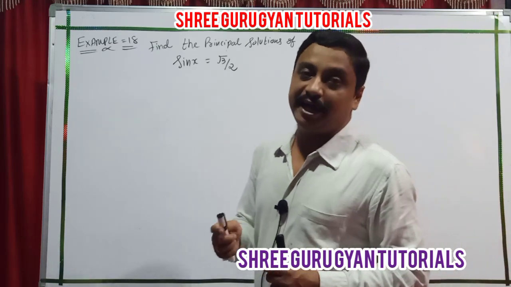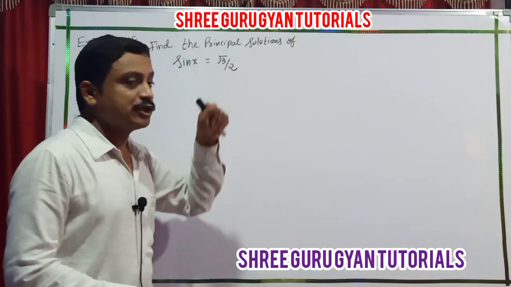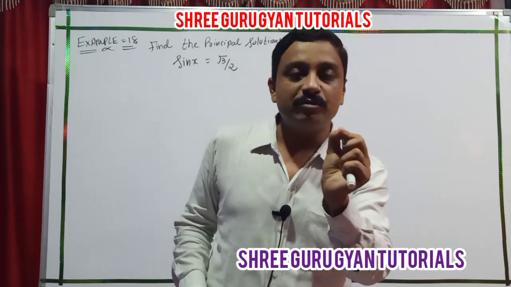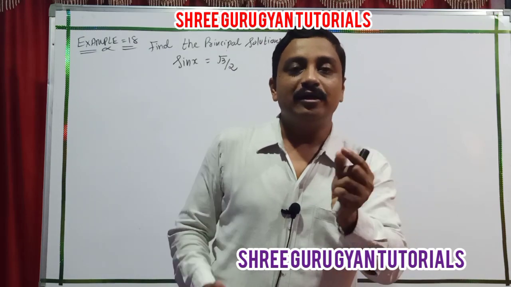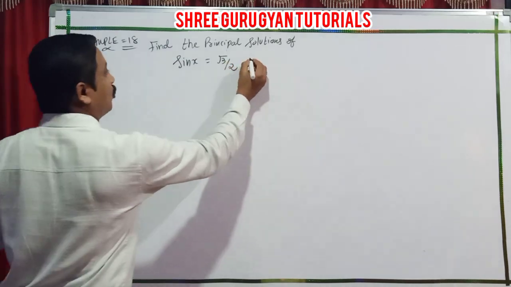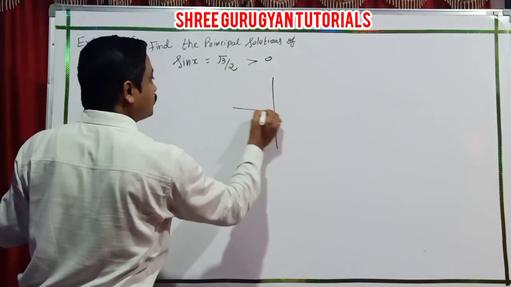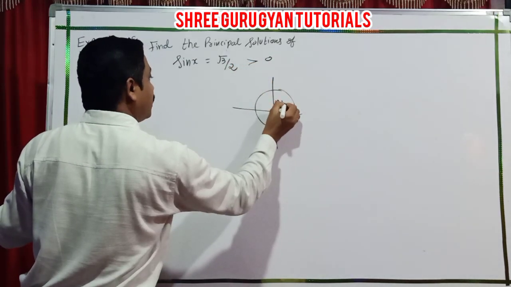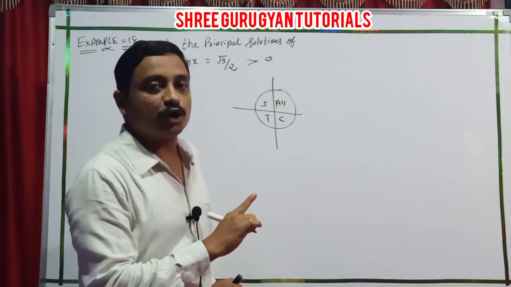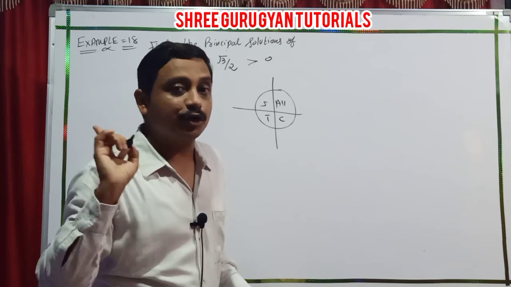For example 18, find the principal solutions only, not asking for general solutions. Principal solution means only those covering one rotation. Sin x is root 3 by 2, positive. When sin is positive, all sin tan cos rule. Students, in your textbook this drawing is not given, but you must draw the drawing.